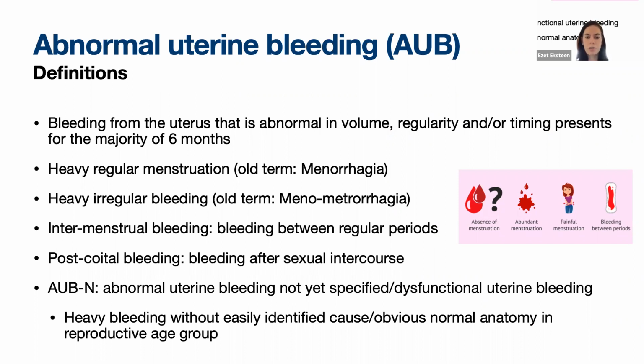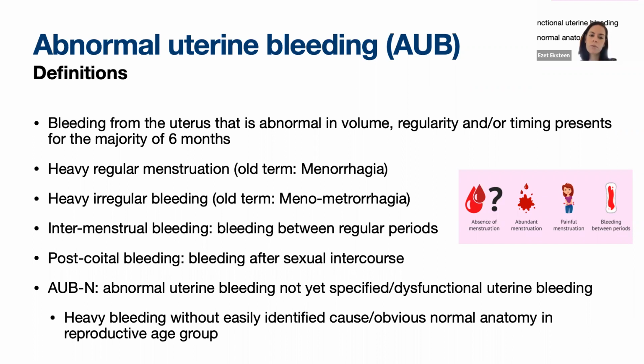I'm just quickly going to touch on some old terminology that has been replaced by newer terminology. Back when I studied, we used to learn about menorrhagia and metrorrhagia. That has been completely replaced by new terms. Menorrhagia is now known as heavy regular menstruation, and menometrorrhagia we now know as heavy irregular bleeding.